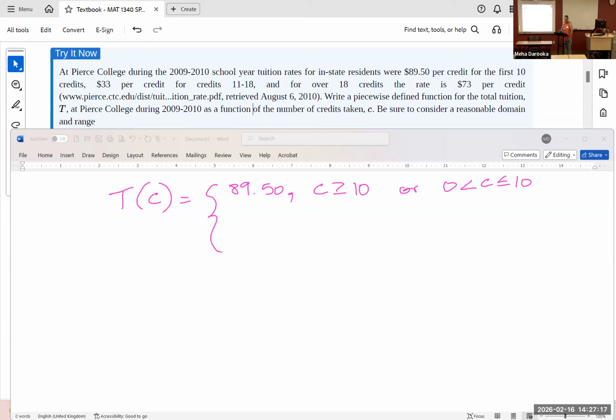What would we do for the second part, which was $33 per credit for credits 11 to 18? So 33, of course, is the tuition, right? Do they want us to write the total tuition?